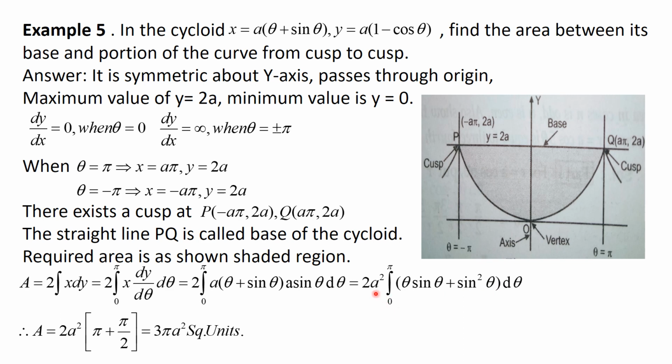Simplify the results. So 2a squared, taking the a squared term outside, the integral from 0 to π of (theta sin theta plus sin squared theta), substituting sin squared theta as (1 minus cos 2 theta) by 2, simplify the terms and see the answer for the area comes out to be 2a squared into the bracket (π plus π by 2), that is equal to 3πa squared square units.